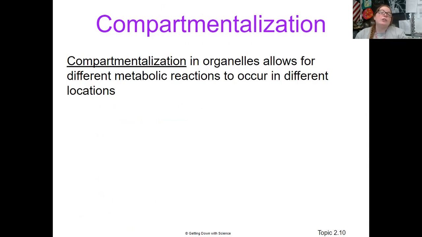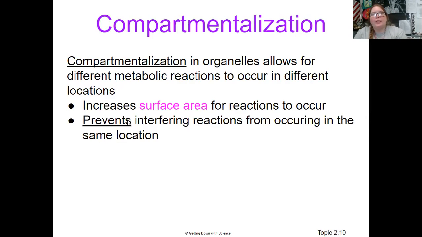So if I need to do both, but I don't want them to mix, I need to make a little pouch or a little room over here where this one happens, and then one over here where something else happens. And sometimes we even have compartmentalization within the organelle. So a mitochondria is doing one thing in the folds, but then in the liquid area outside the folds, it's doing something else.